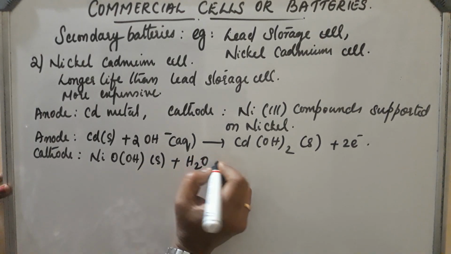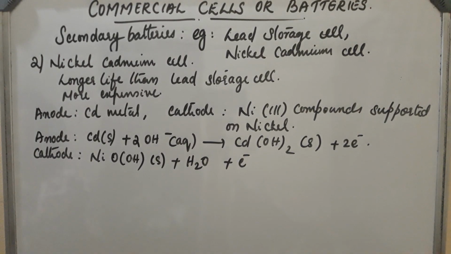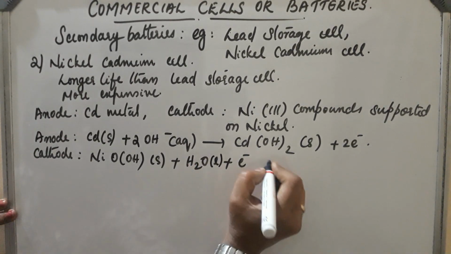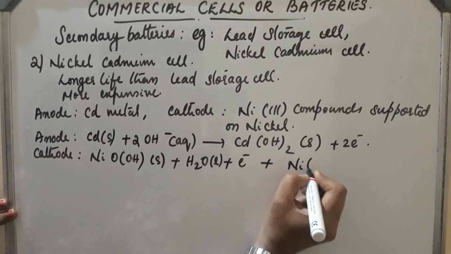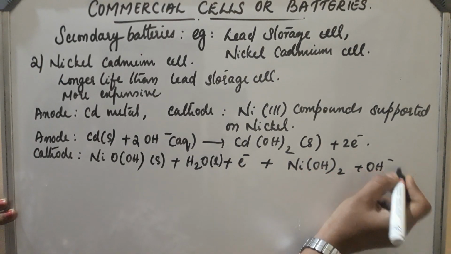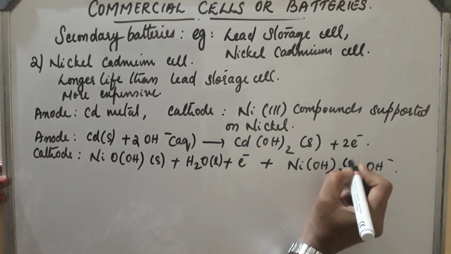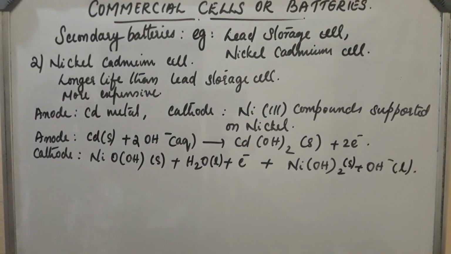Plus 1 electron is accepted, and it gets converted into Ni(OH)2 plus OH minus. Ni(OH)2 and OH minus are produced. This is the reaction.